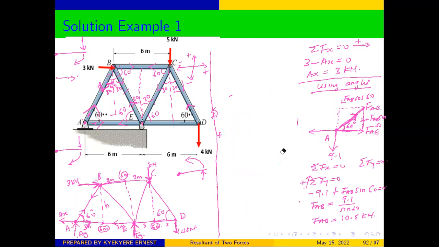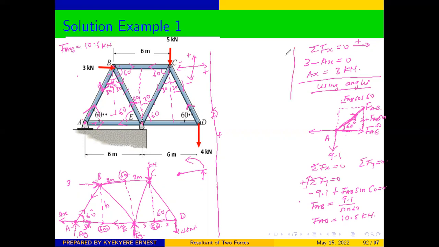Now we have been able to calculate FAB, and FAB is equal to 10.5 kN.